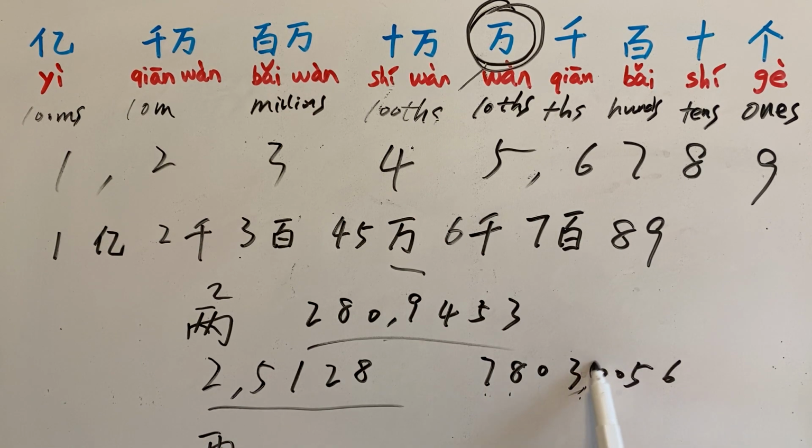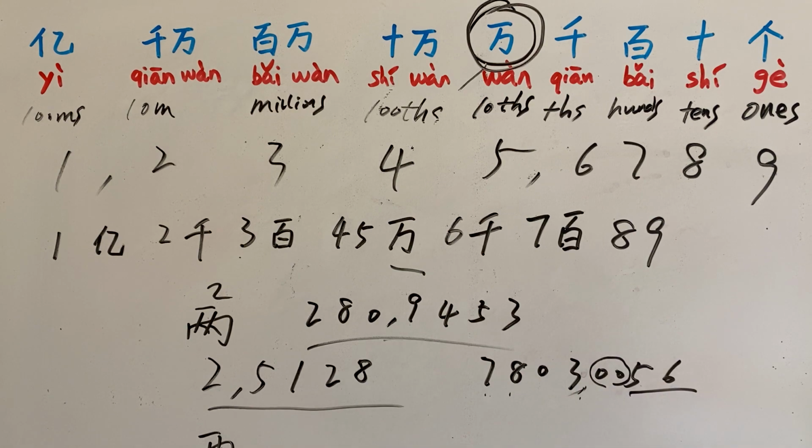Then here we don't call these two zeros. Instead of calling these two zeros, we directly say 56. 7803万56. Or you can name these two zeros if you like. 7803万056.